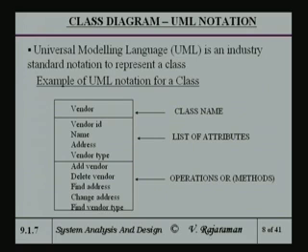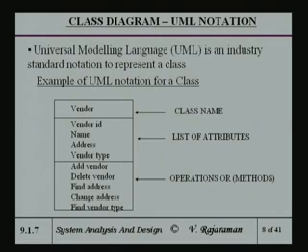Each one had a different method, and ultimately they thought it's better to standardize by cooperation, and so they cooperated to come up with a modeling language which has notation for classes, objects, entities, attributes, operations, and so on, and also many other parts.